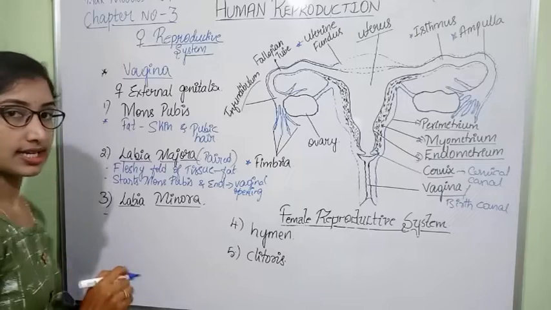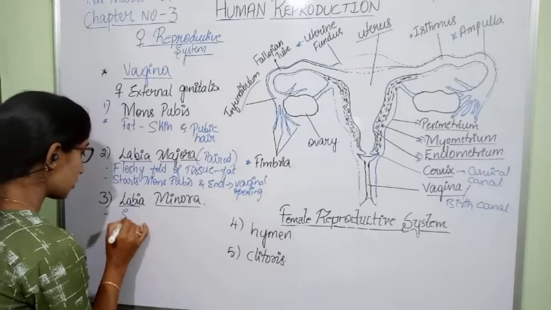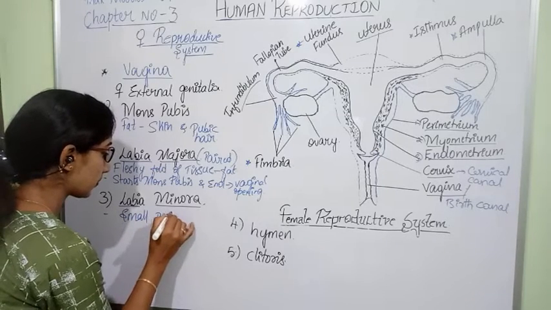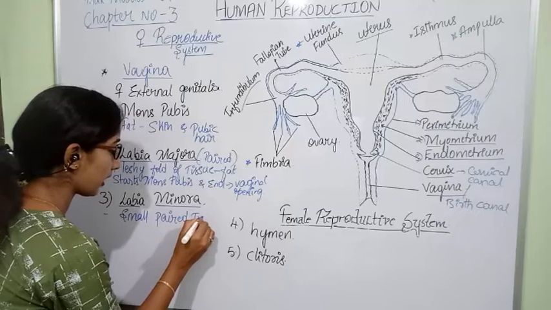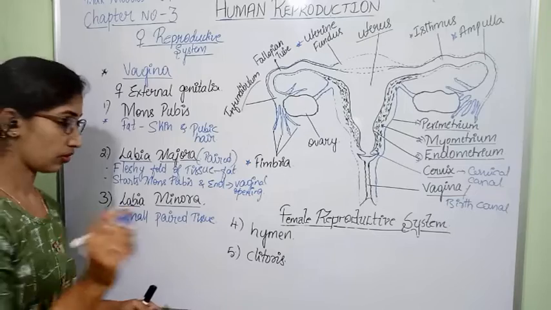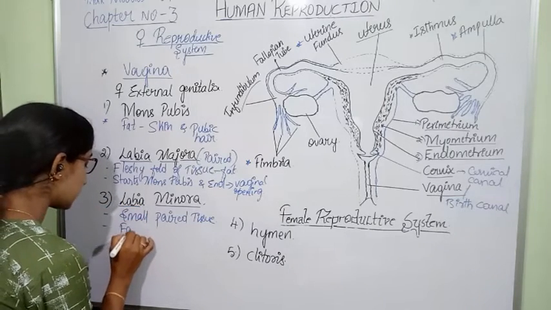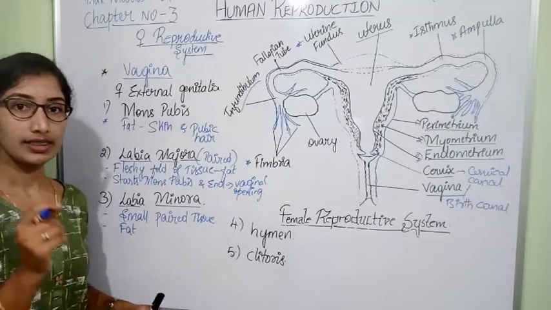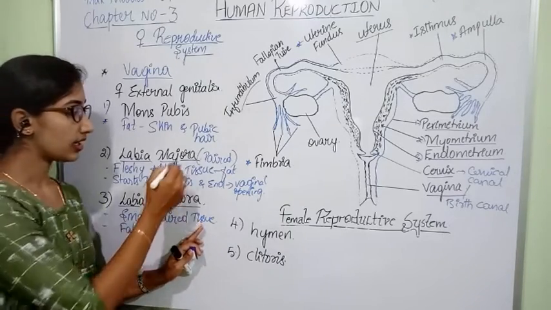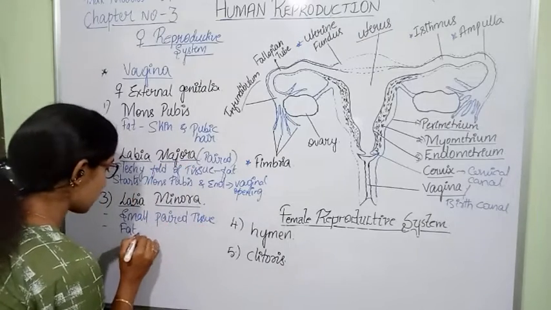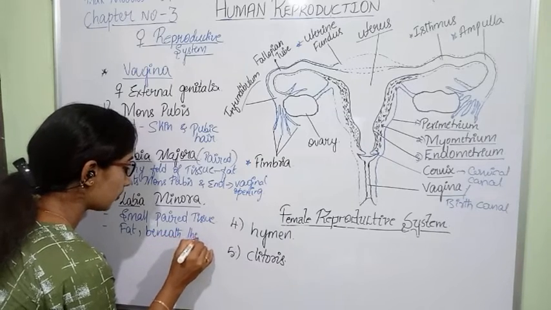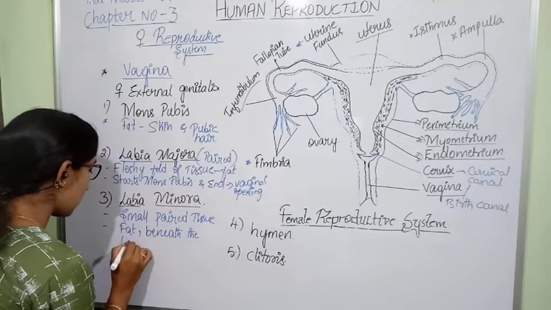Labia minora is a small paired tissue, which is also made up of fat, and it is present beneath or below the labia majora.